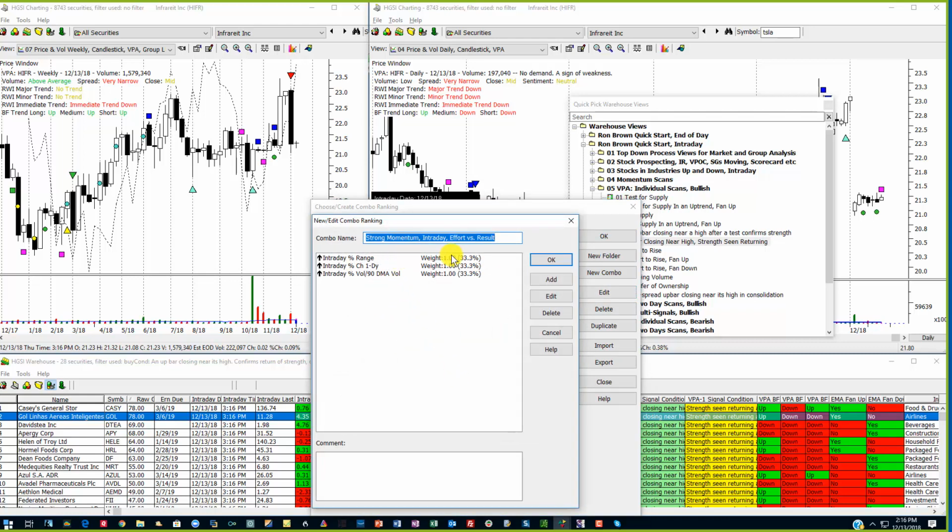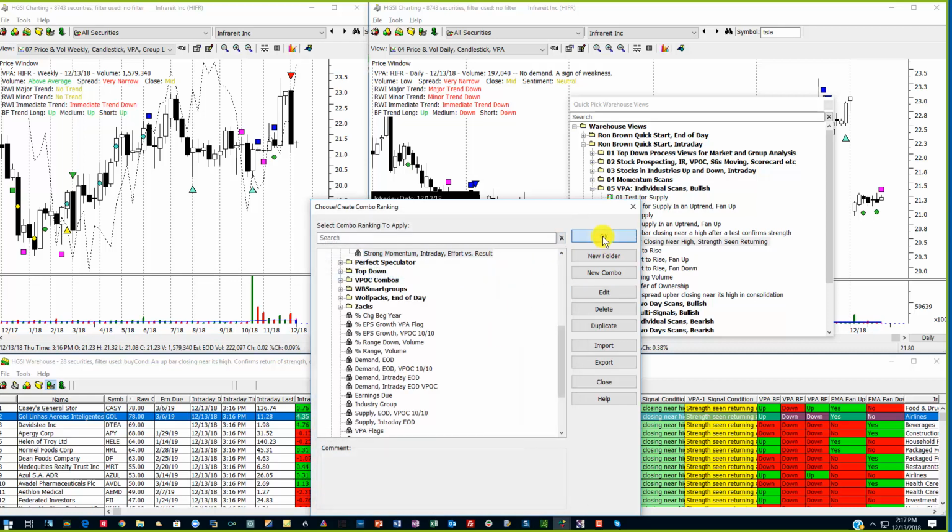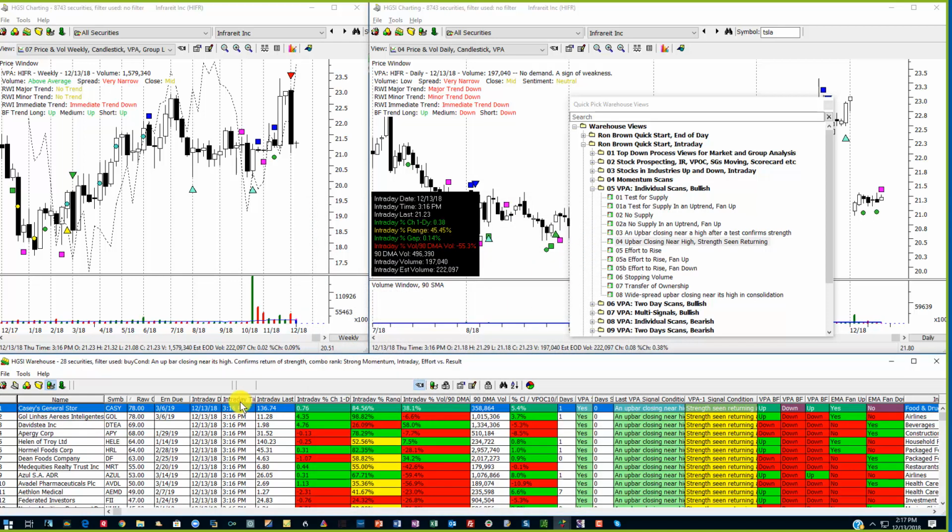It divides the weighting between all three of the fields that I just pointed out: intraday range, percentage price change, and intraday volume divided by the regular 90-day volume. And what that does is it has a tendency to bring the strongest stocks to the top of the list because it factors in all three of these fields.